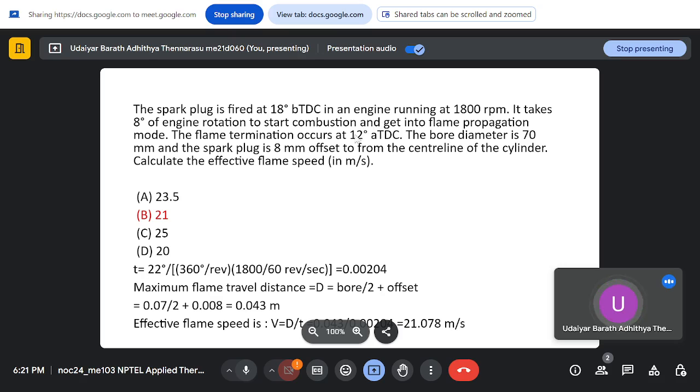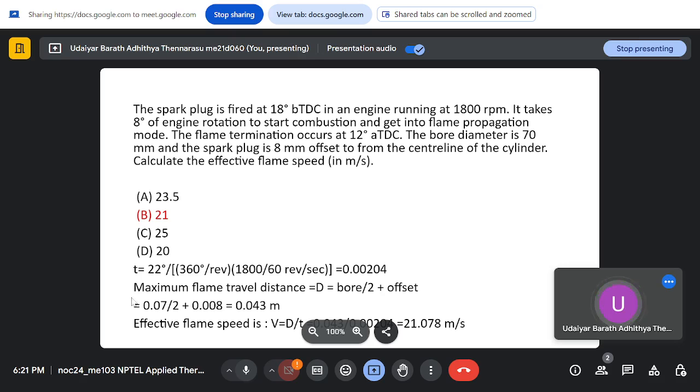So 22 degrees: the spark plug is initiated at 18 degrees before, it takes 8 degrees to start combustion, so it is now 10 degrees before top dead center, and it ends at 12 degrees after. So 10 degrees before to 12 degrees after, that is 22 degrees.